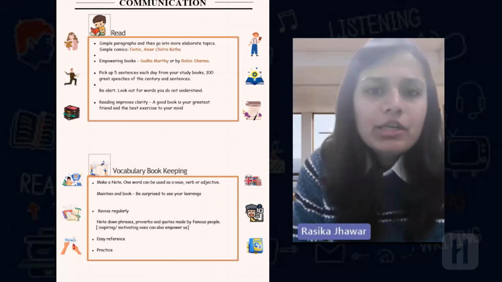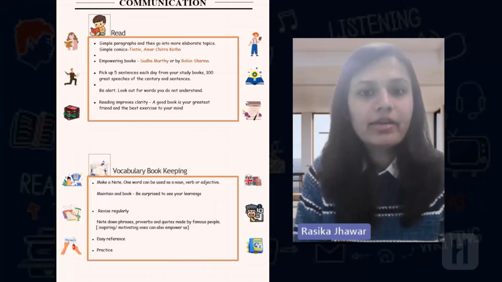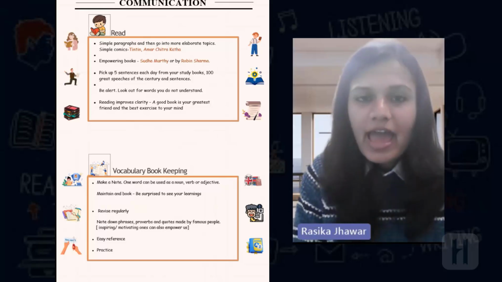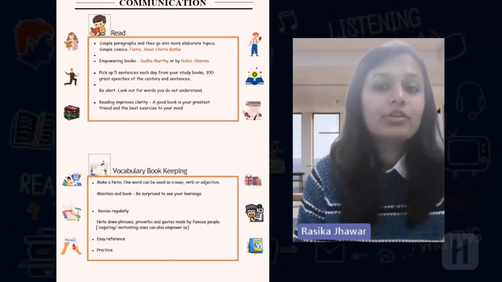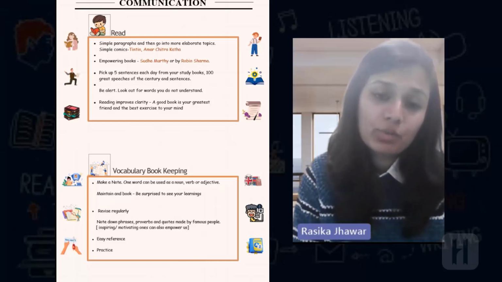You don't have to immediately use it, but read. Reading regularly gives you clarity. And a good book is your best friend and the best exercise to your mind. So, a habit of reading is really helpful in strengthening the language that you would like to learn.